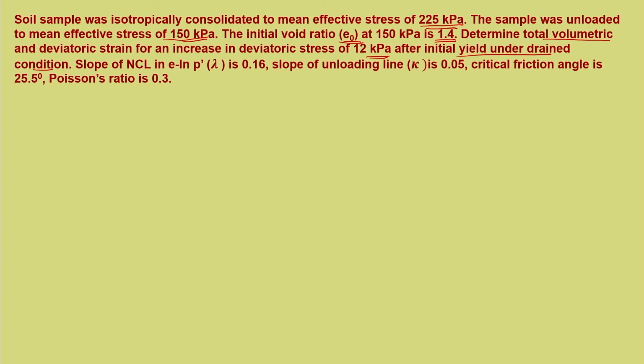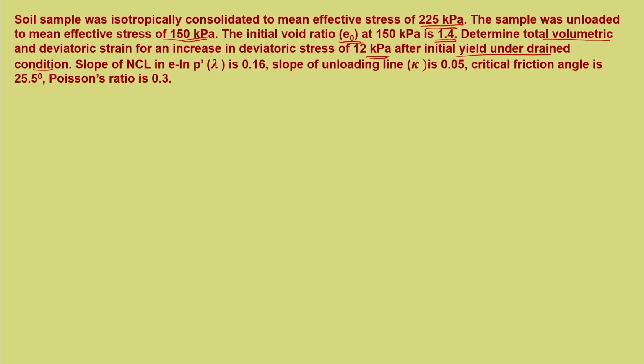So when the effective stress path moves 12 kilopascal in deviatoric stress from the initial yield curve, what will be the total volumetric and deviatoric strain? We need to count from the initial point to the point where the effective stress path goes beyond the initial yield curve by an increment in deviatoric stress of 12 kilopascal. You will understand better when we show it on a diagram.